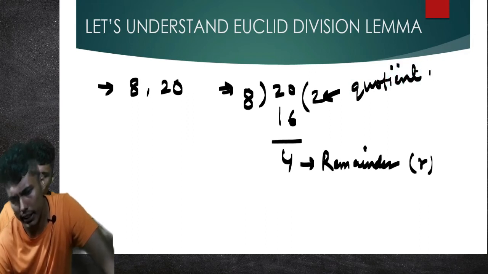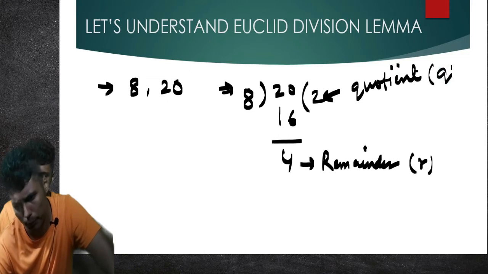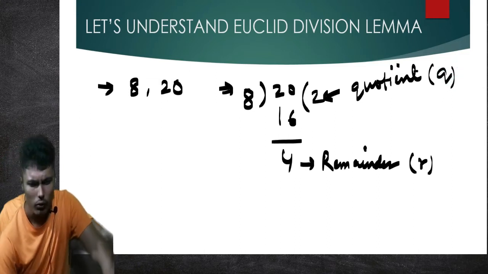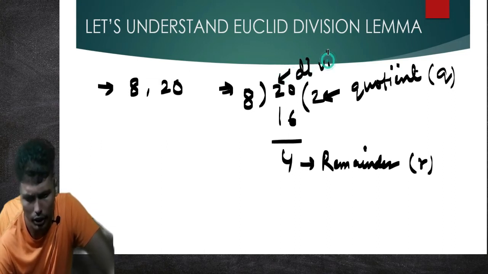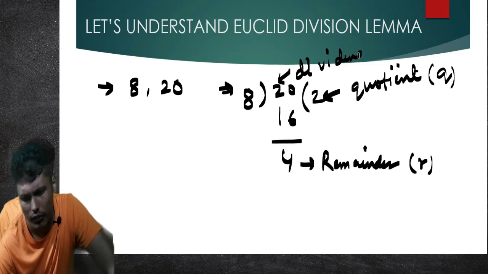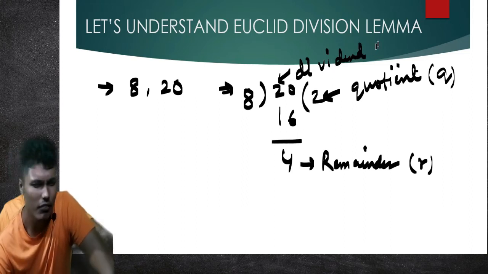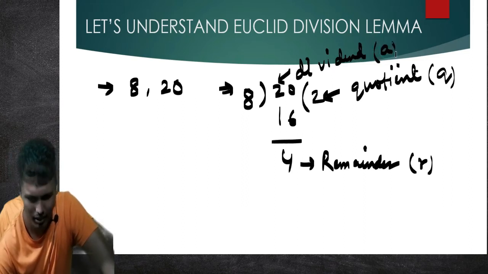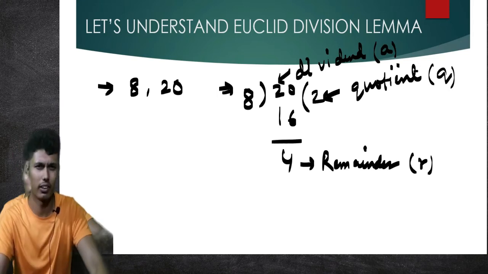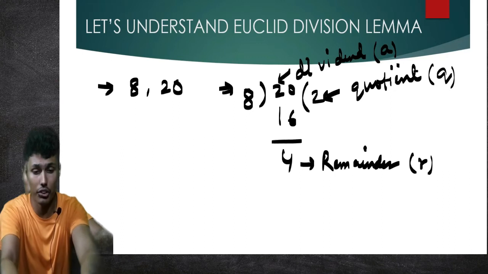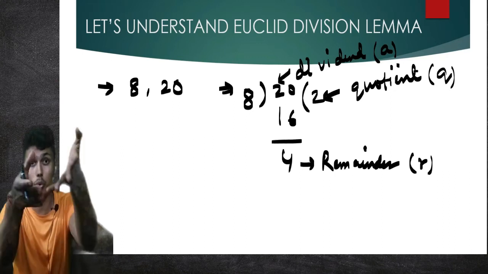Let us represent this by q. Now we know that 20 is the dividend. If you don't know, please note it down. Let us represent the dividend by a. Here in this particular question, dividend a is 20.